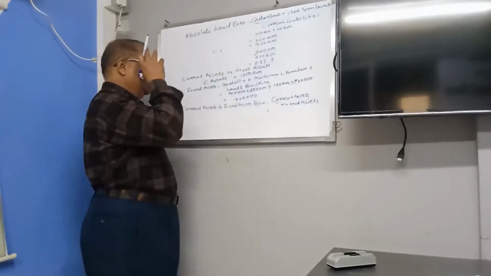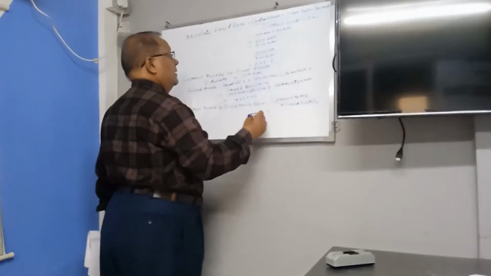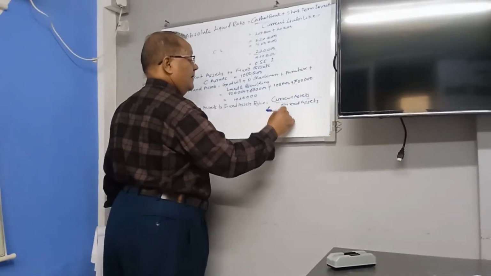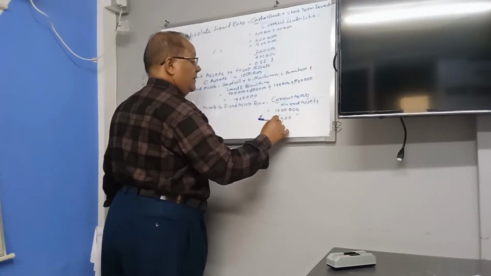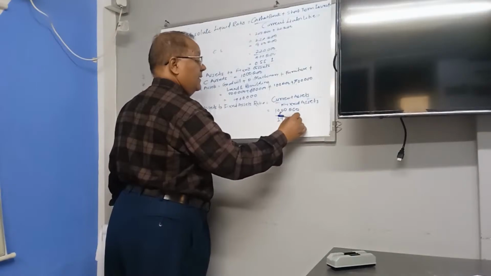Current assets is 10 lakh divided by 19 lakh.